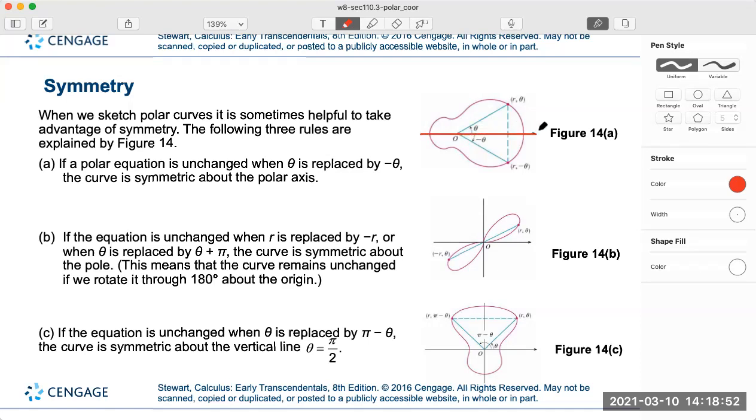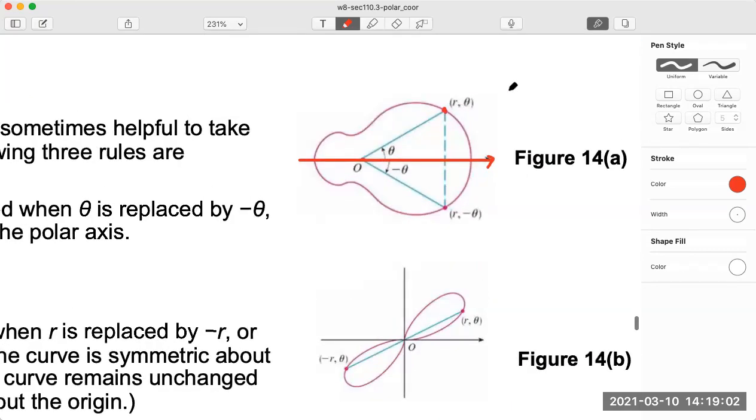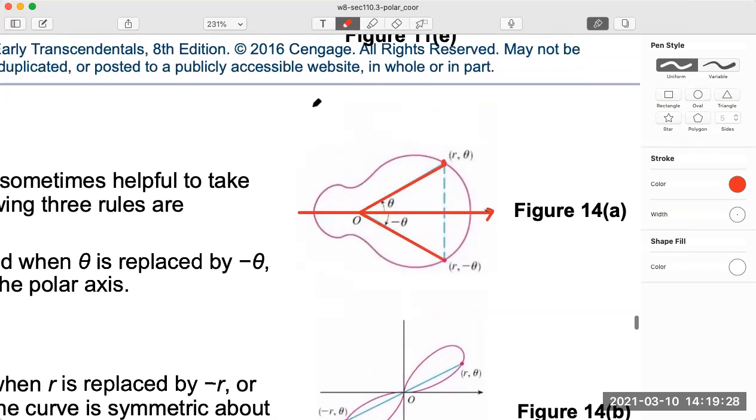Here, for example, this point is (r, theta), and this point is (r, negative theta). The angles are theta and negative theta, but the distances are the same. So we call it symmetric about the polar axis, right? Symmetric this way.